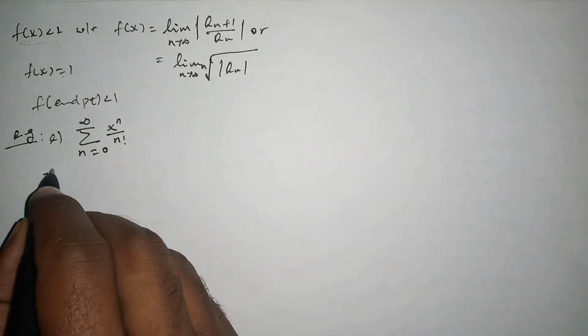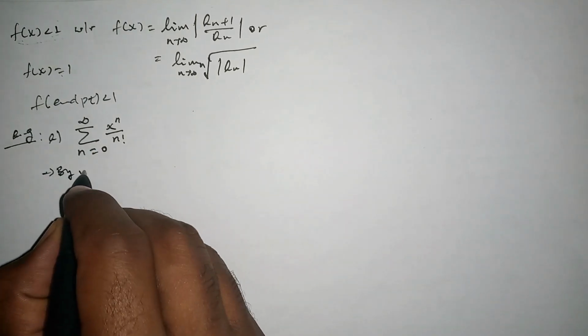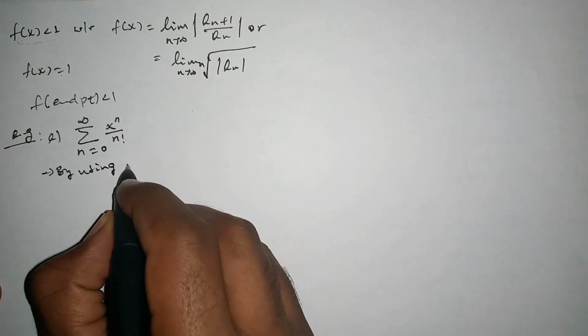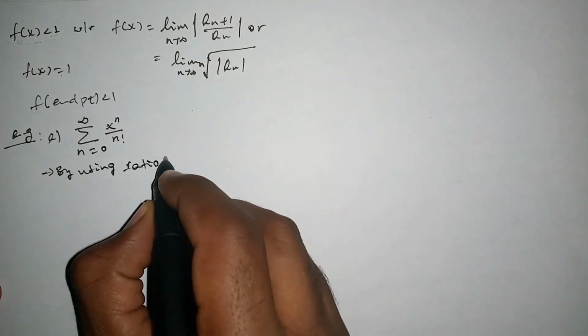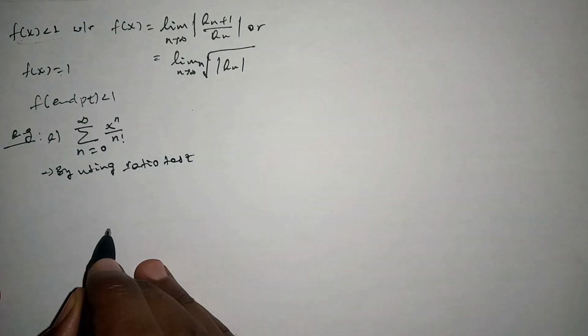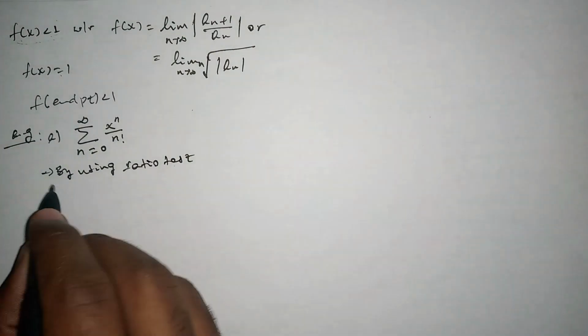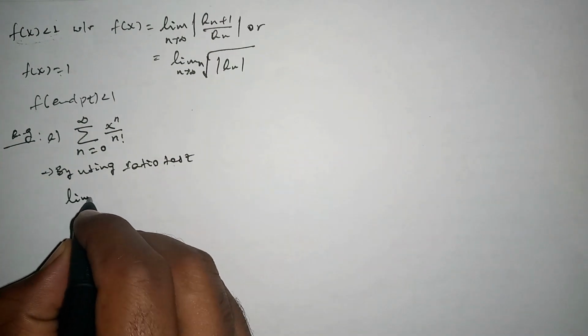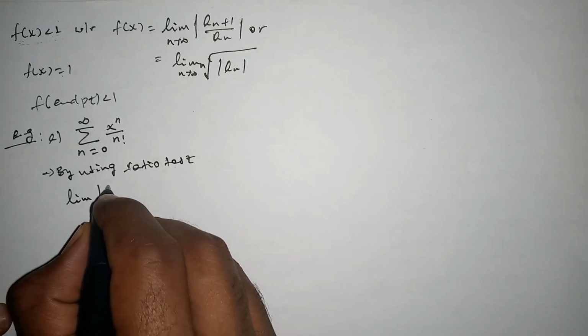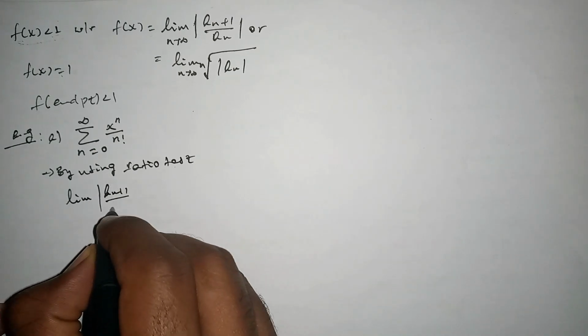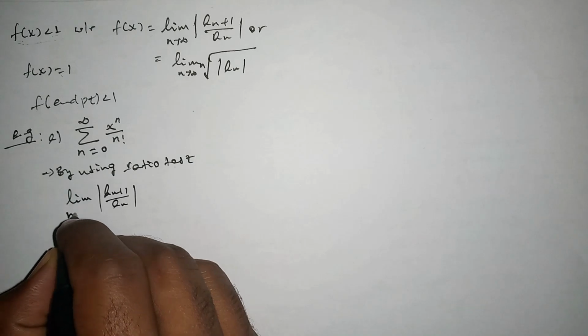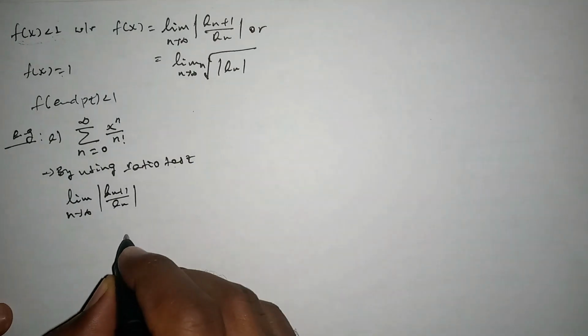So by using the ratio test, we have the limit of the absolute value of a n plus 1 over a n as n approaches infinity.